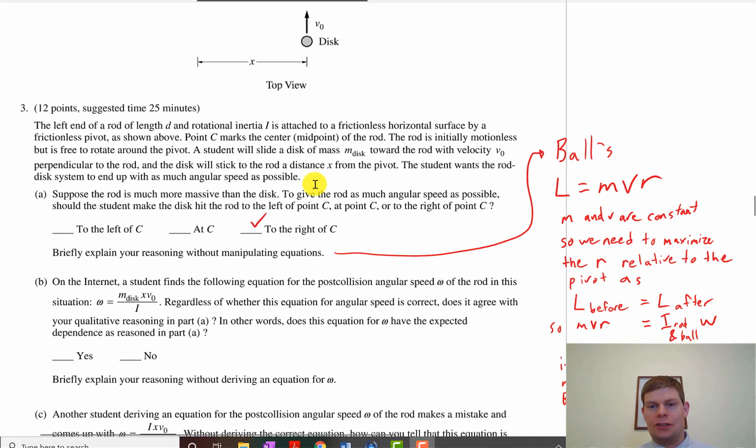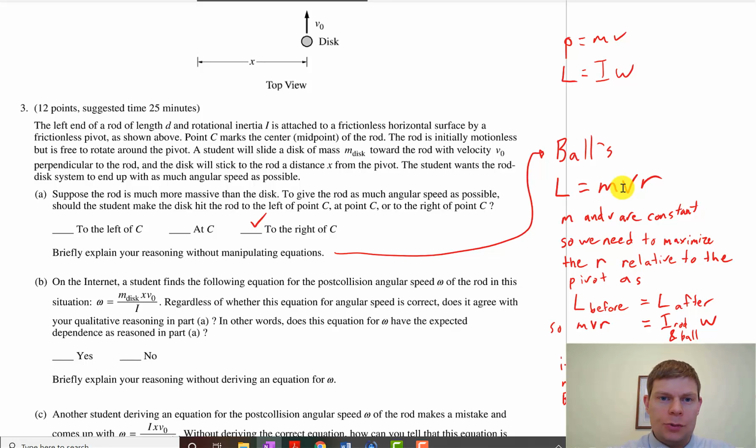Now, initially I started by saying, well, your ball's angular momentum is its mass times velocity, mvr. If you don't remember how L equals mvr, linear momentum is mass times velocity, and so the angular equivalent of mass is I, and the angular equivalent of velocity is angular velocity.